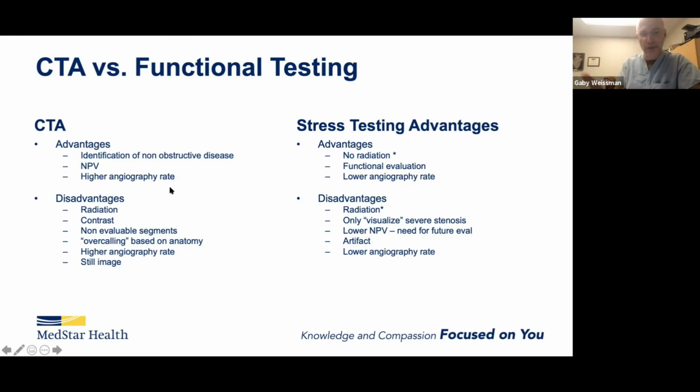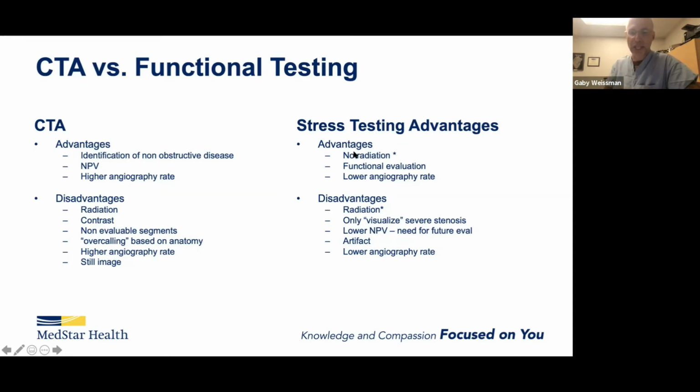If you do CT as your first test, more patients will go to the cath lab. You see more stuff. Disadvantages: radiation, contrast, artifacts, some non-evaluable segments, overcalling based on anatomy. So that's what we talked about in FAME, where if you use purely anatomy to make the decision whether to revascularize or not, that may not necessarily be providing patient benefit. And it's a still image, you don't get function.